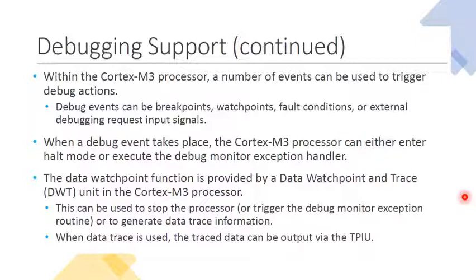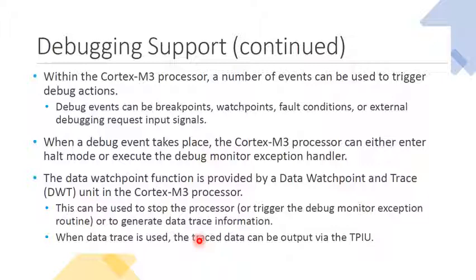The data watchpoint function is provided by the data watchpoint and trace, in short the DWT unit, in the Cortex M3 processor. So what is the use of this? This can be used to stop the processor or to generate the data trace information. As I told with the example earlier, if you have updated your operating system, it will ask you to restart the mobile, correct?